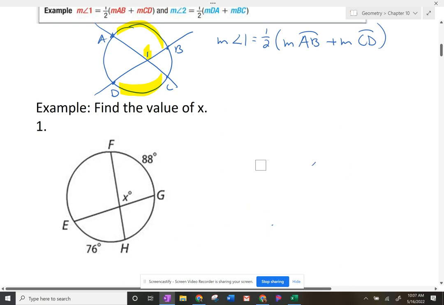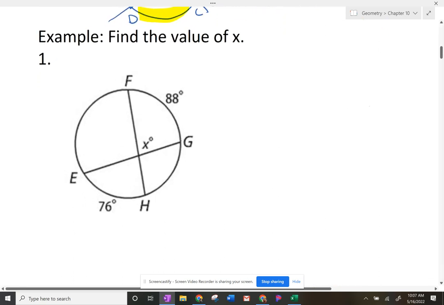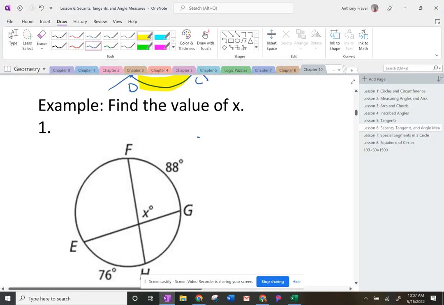All right, so to figure out this first one, to figure out the value of x, I'm going to look to where the angle's at, and I'm going to find the 2 opposite angles. So where that vertical angle is at, I'm going to try to find the arcs that are on both sides of it. Okay?